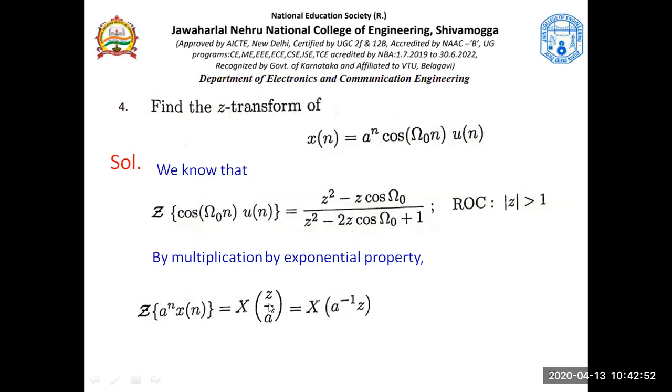That means in place of z, you need to have z by a, because you have an exponential a^n. Now if you bring a^n here, in place of z you will have z by a. The ROC was found to be |z| greater than 1.